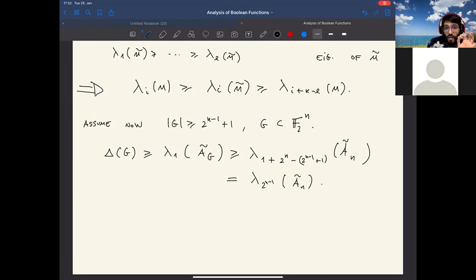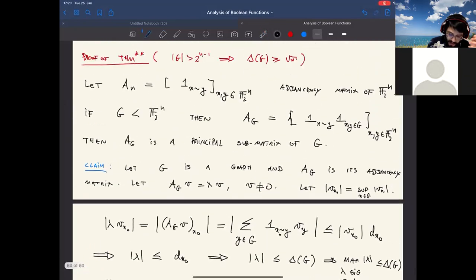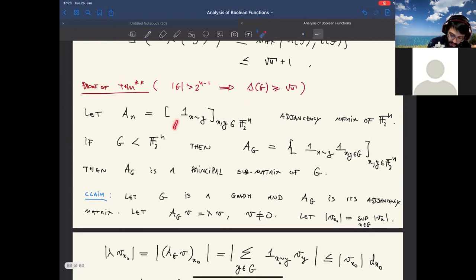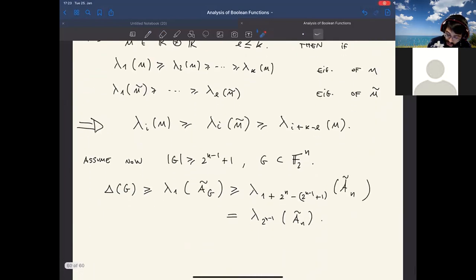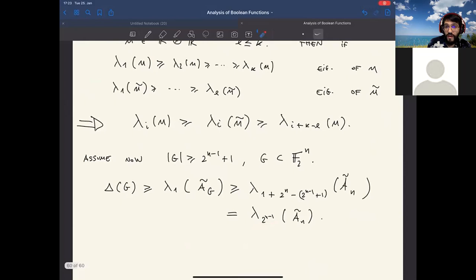So basically, the only thing I have to do now is an optimizing game: to choose plus or minus ones or thetas between -1 and 1 to put in here, so as to make the 2 to the n minus 1 largest eigenvalue exactly square root of n, or greater or equal than square root of n. If I can do that, then I show the result.